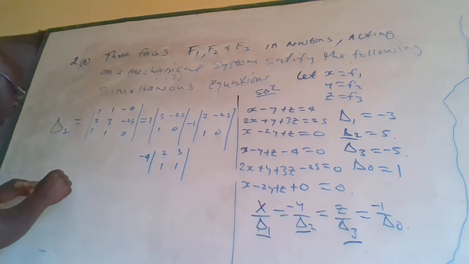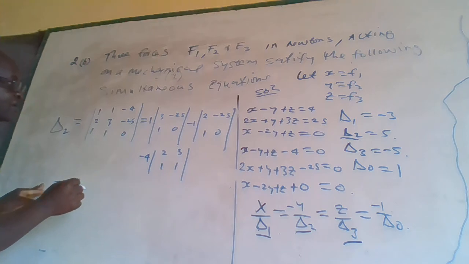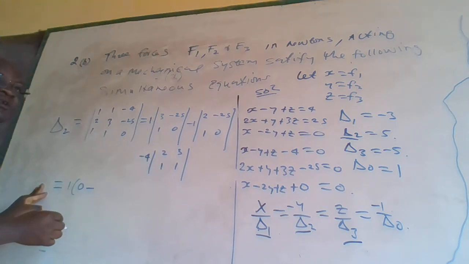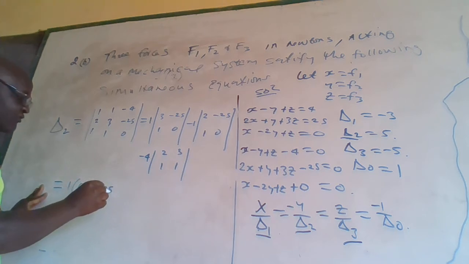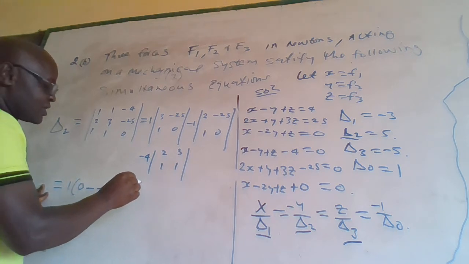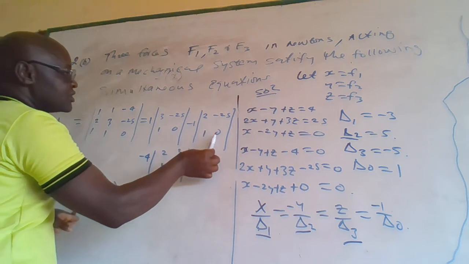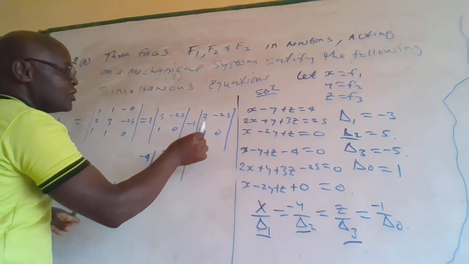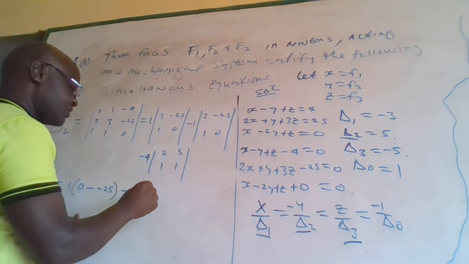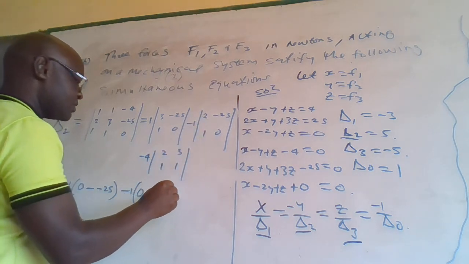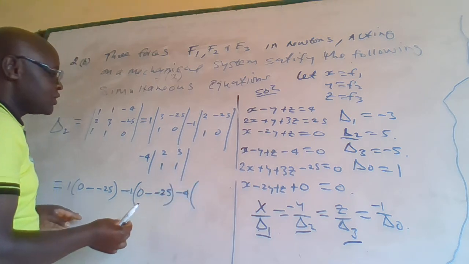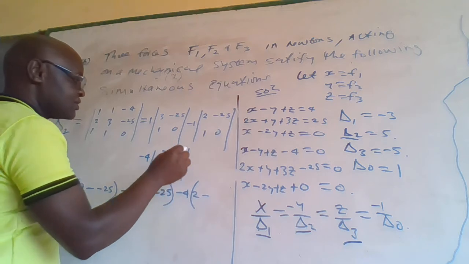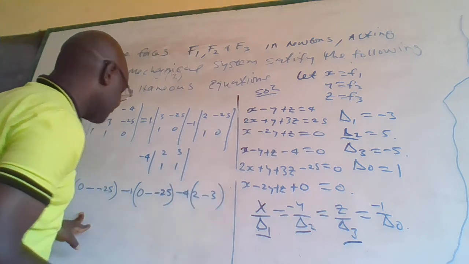So we expand this: 1, 0 times 3, we have 0 minus 1 times negative 25, we have negative 25. Then minus 1 into 0 times 2, we have 0 minus 1 times negative 25, we have negative 25. Then minus 4 into 1 times 2, we have 2, minus 1 times 3, we have 3.